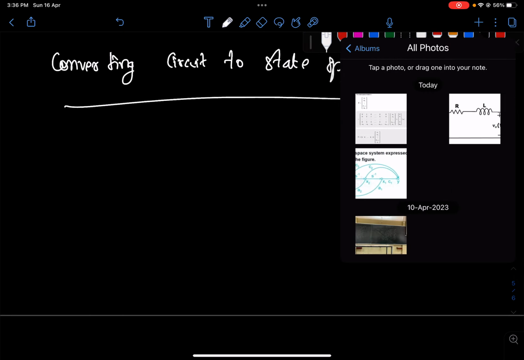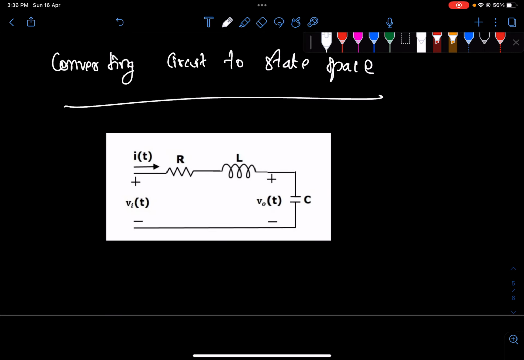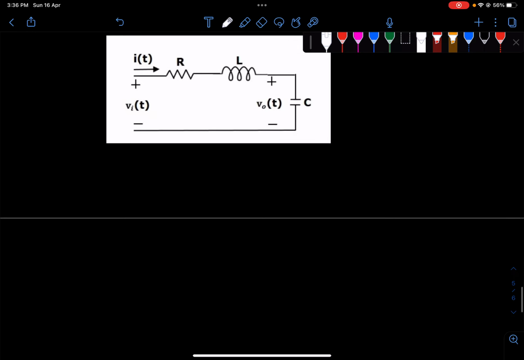So we can use this circuit. Here, we get some sort of input and some sort of output. How do we convert this to the state equation we discussed earlier? That is x dot equals Ax plus Bu, and y equals Cx plus Du.